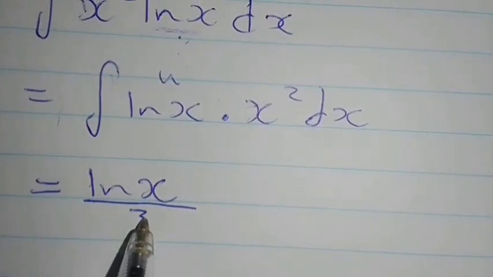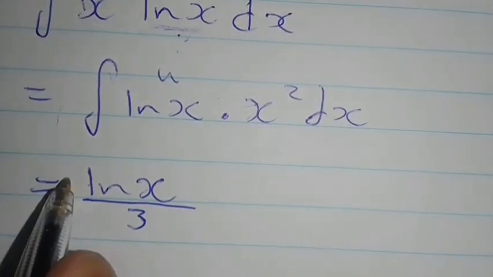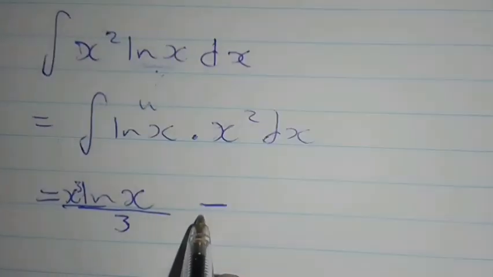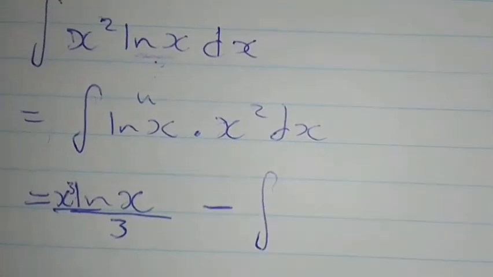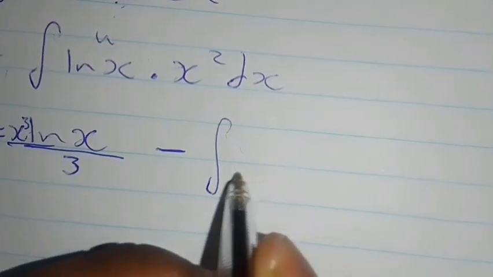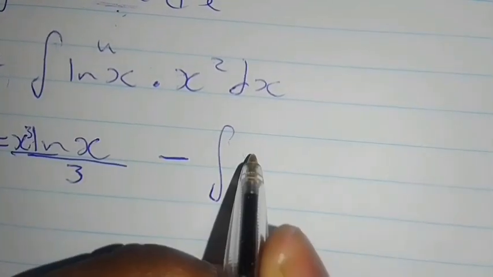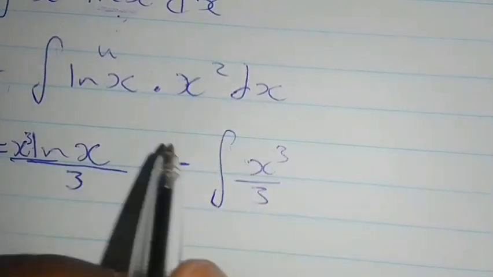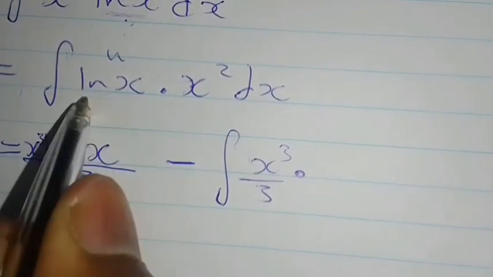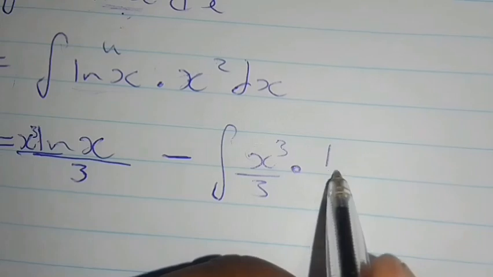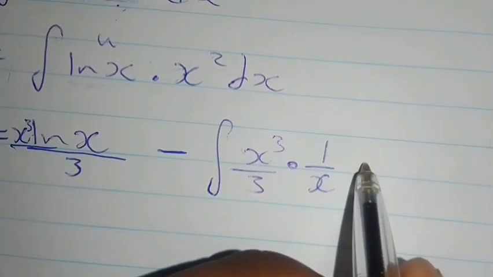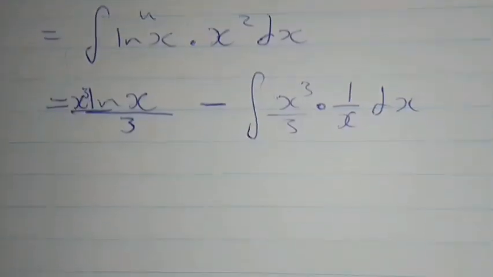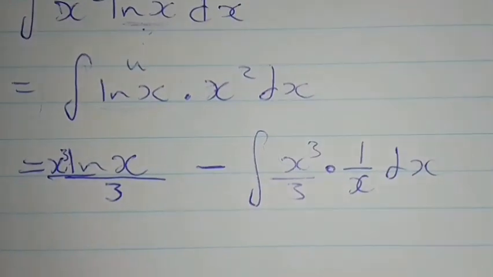So we're going to have 3 in the denominator, and we'll have x to the third here, and then you subtract the integral of that 1 over 3 x to the third, or x to the third over 3. That's the integral of x squared. Then the derivative of the natural log of x is going to be 1 over x, then dx of that. So you're going to have something like this.